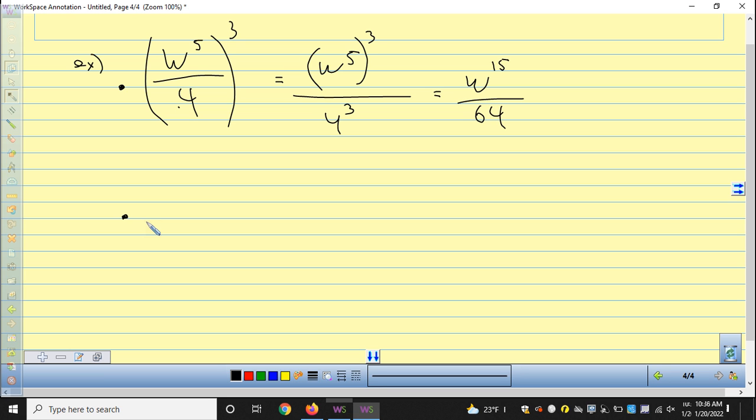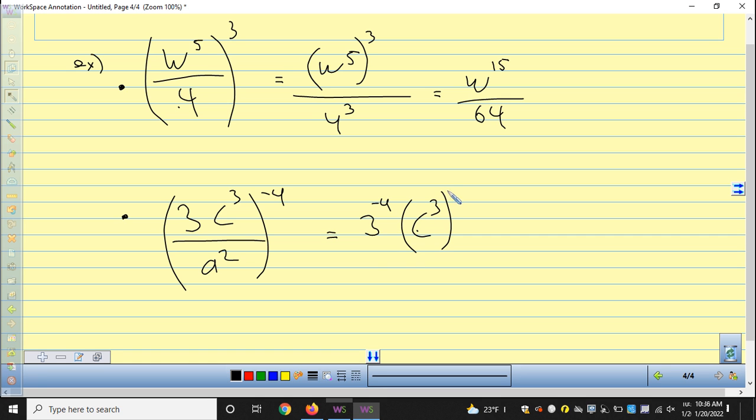Okay, let's look at one more with a little more stuff going on. 3c to the third over a squared, and we're raising that to the negative fourth power. Quotient to a power. We're going to raise everything in here to the negative fourth power. 3 to the negative 4, c to the third to the negative 4 over a squared to the negative 4.